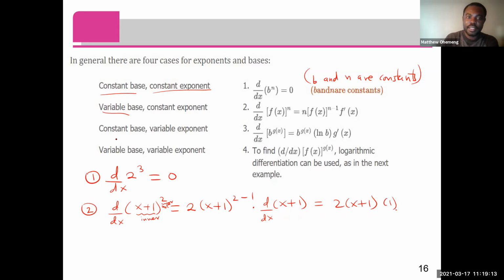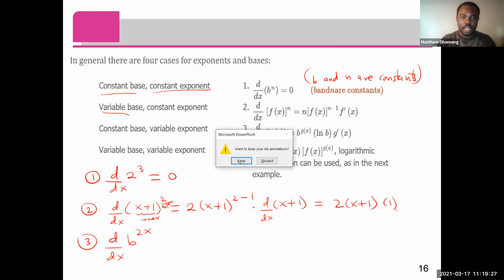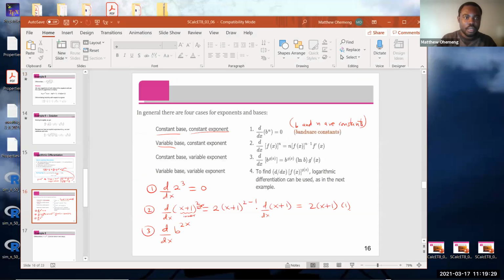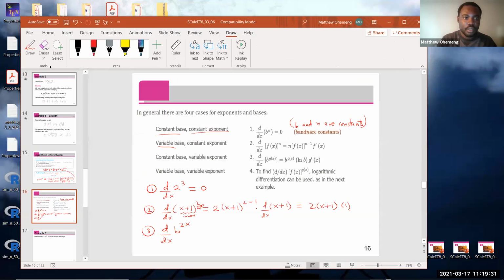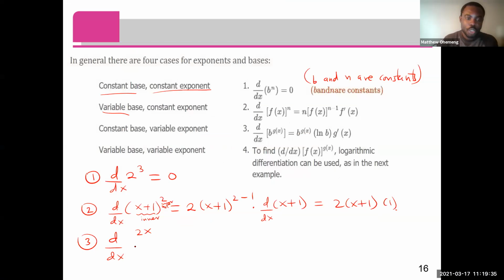Now, the third case is when the base is constant and the exponent is variable. An example of that is d over dx of, not b, let me use a natural constant, something like 3 to the 2x.